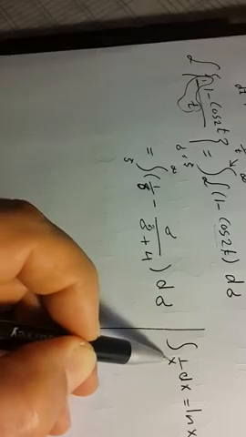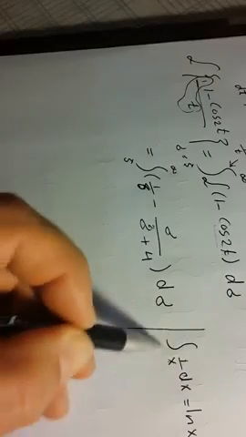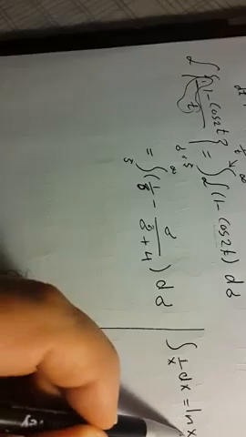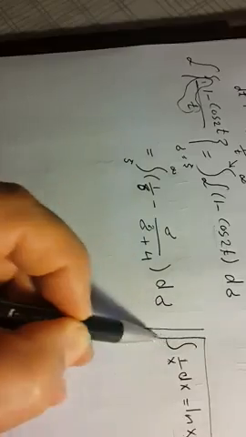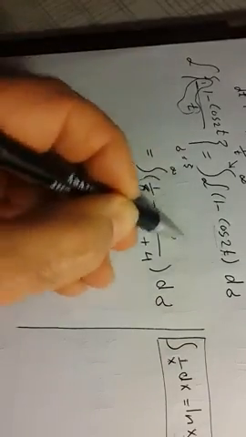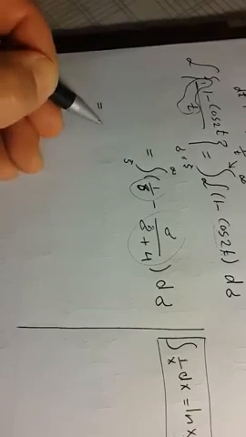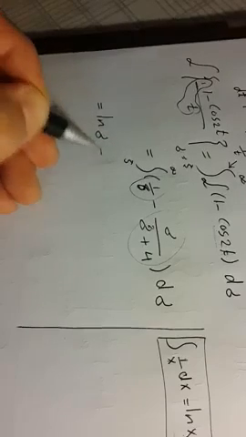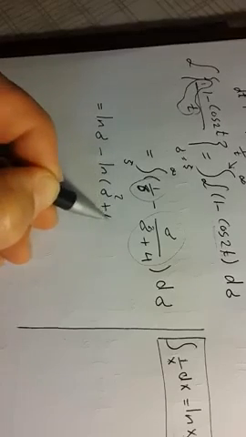If the derivative of the denominator is available in the numerator, then the result of the integration is ln of the denominator. I'm going to apply this property on both parts. So it equals ln sigma minus ln of sigma square plus 4.